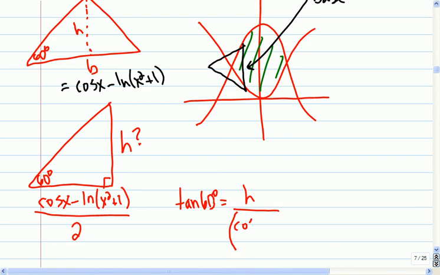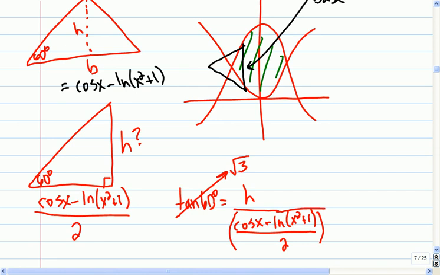So that's all this. Okay, so that's the relationship that tangent 60 tells me. Do you remember what tangent of 60 is as an exact value? Yeah, just root 3, right?